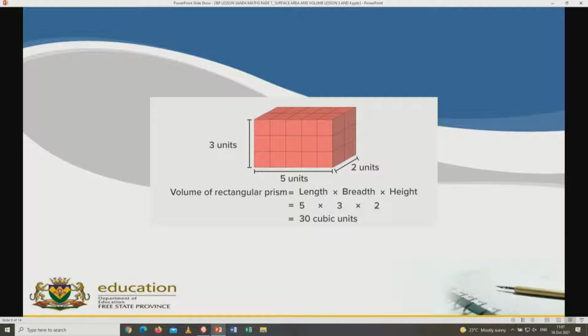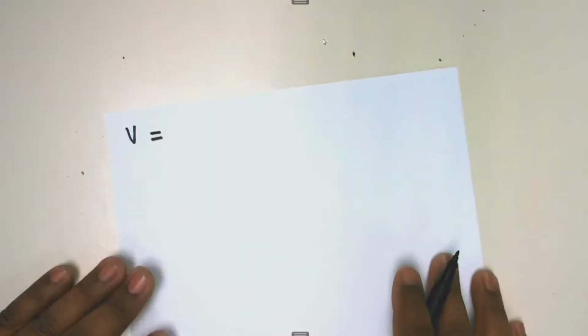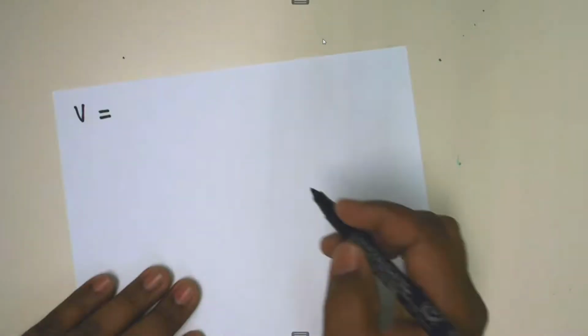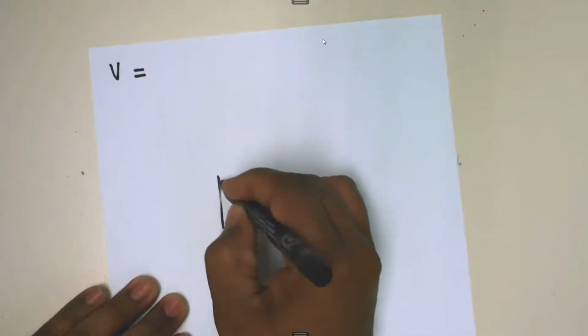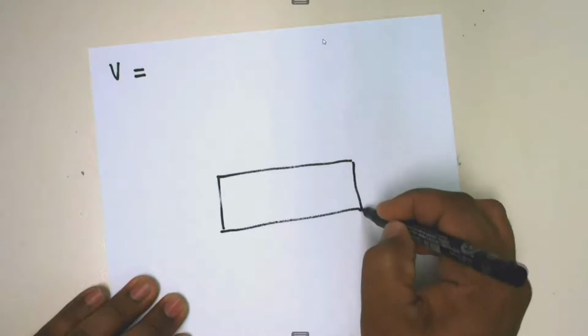We have to find the volume of a rectangular prism. In this case, let me check if I'll be able to draw this.